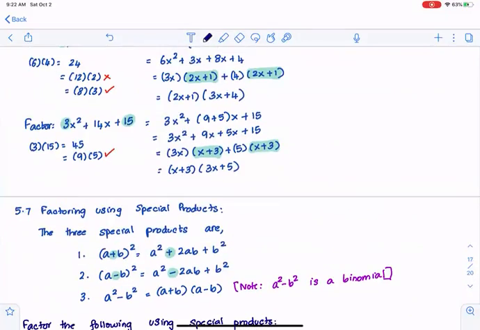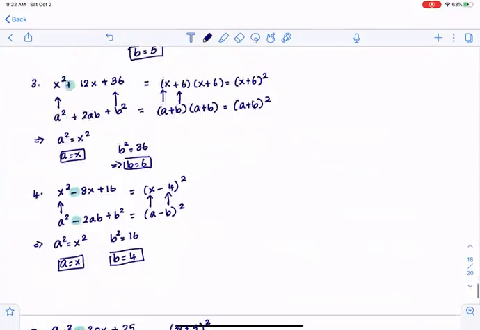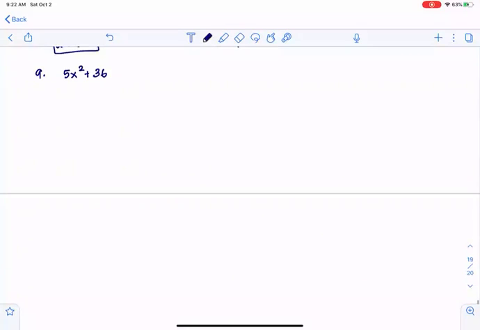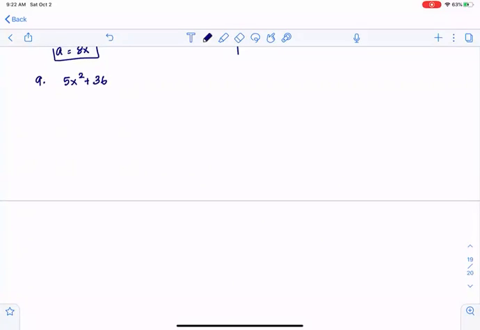Right there. So the given problem does not match any of the special products. And this is prime.